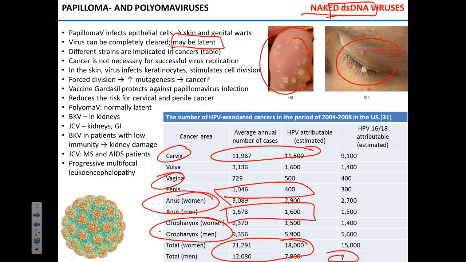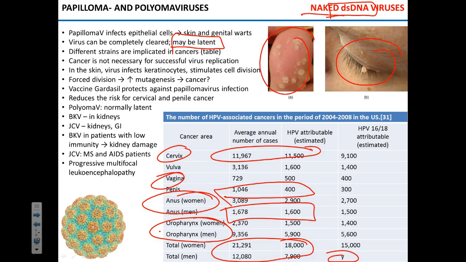Polyomaviruses. There are two of them, very fascinating, that we're going to talk about. BK and JC. Very creative names, I know. BK and JC are initials of the patients from whom those viruses were isolated. BK virus normally infects kidneys and remains latent in the kidneys for a lifetime. I would bet that 90% in that classroom are infected with BK virus.